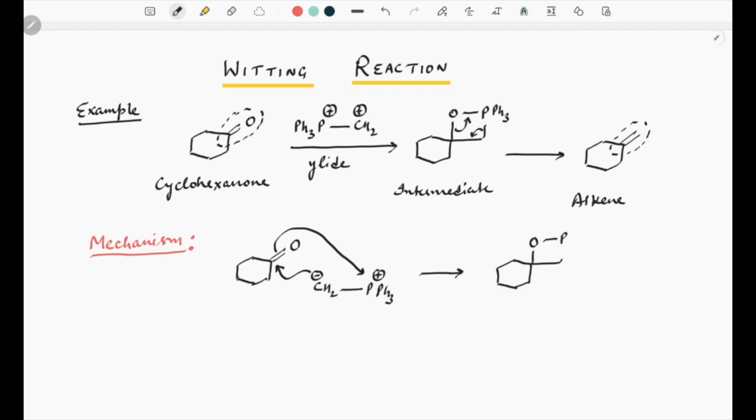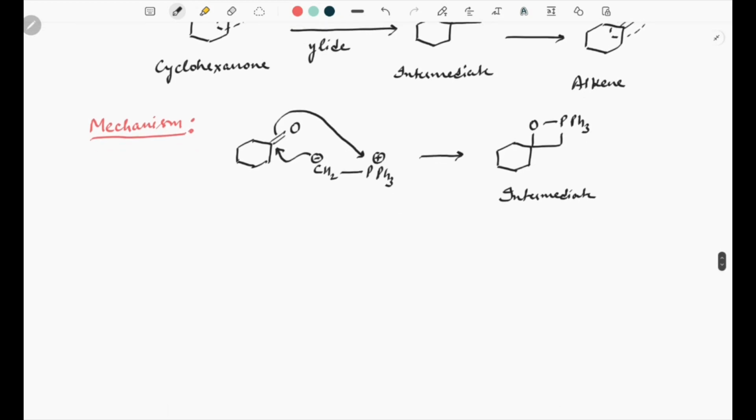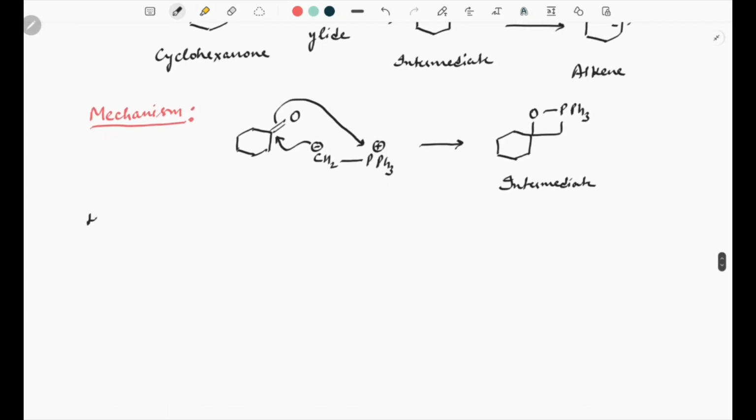This intermediate, as we know, further dissociates into the final product. Now, the next question arises, how are ylides formed?